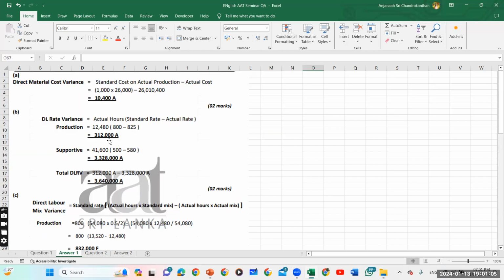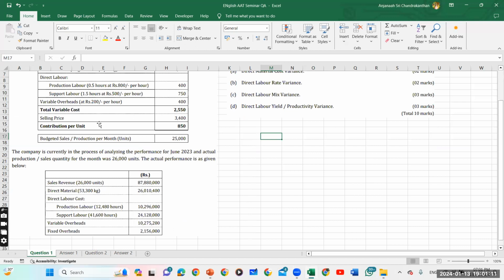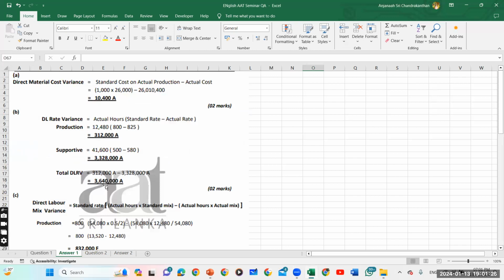Then you get the adverse variance. And then supportive staff, same way: your actual hours is 41,600 multiplied by 500 minus the actual rate. The actual cost of 24,000 divided by actual usage, then you get 580. So both are adverse. You have to add those two together and show the direct labor rate variance.